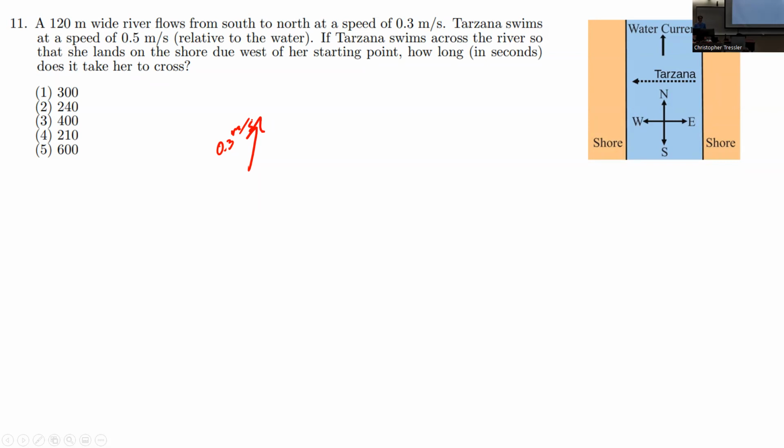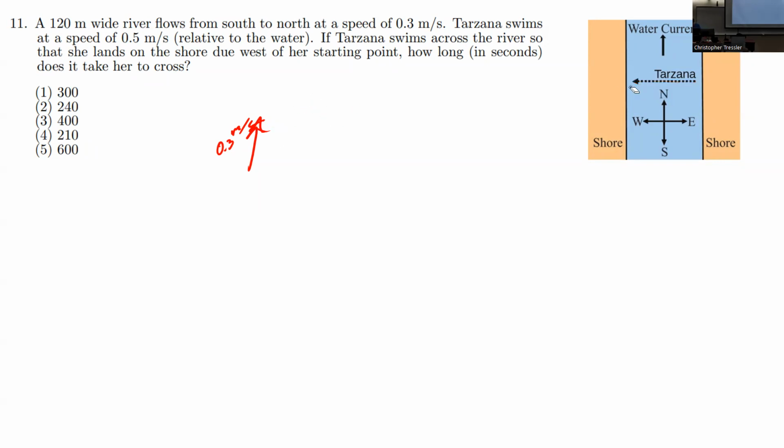Now, when it says relative to the water, when I first did this problem, I looked at this graph right here and thought, okay, Tarzana is swimming this way, so obviously her speed is 0.5 meters per second, right? No, that's not what the question says. It cannot be that simple.